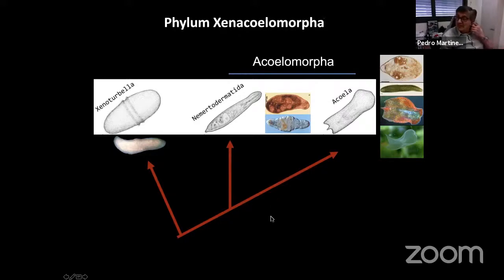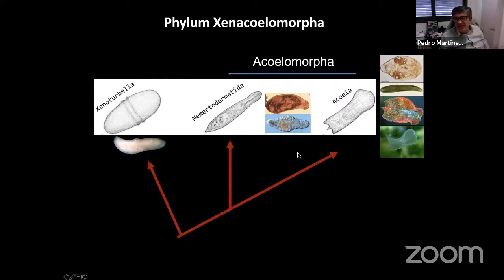These are normally rather rare animals. Except for some acoels, for these other two groups we have identified so far very few species. New expeditions are identifying some cryptic ones, but these still are not fully described species.